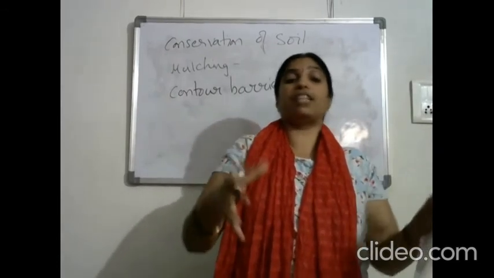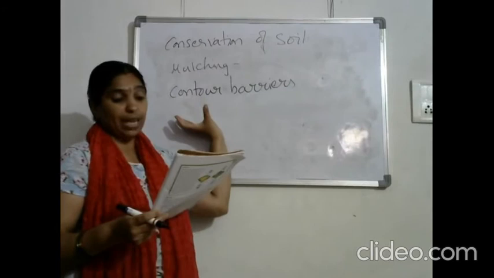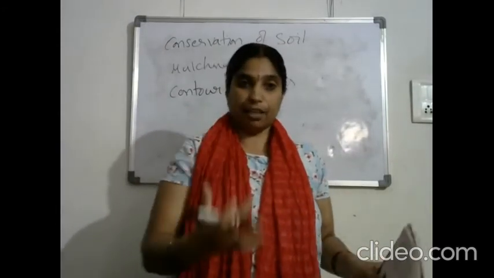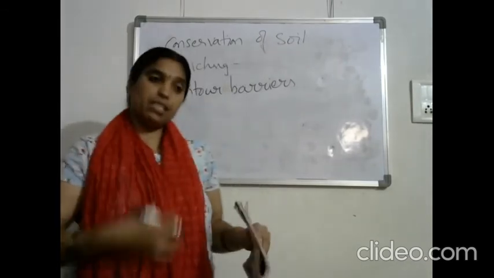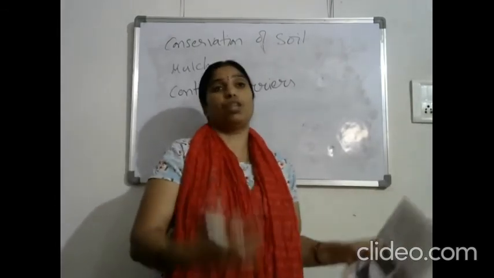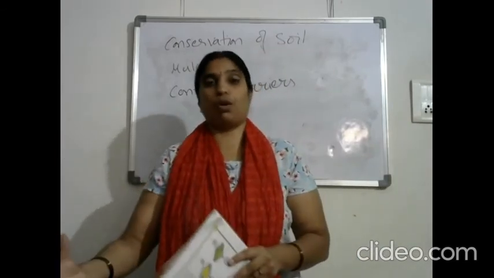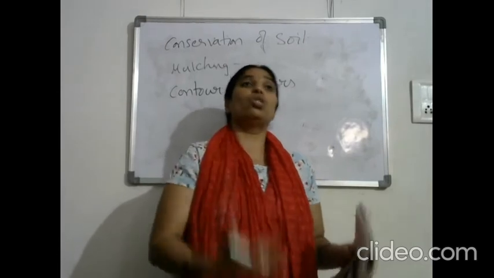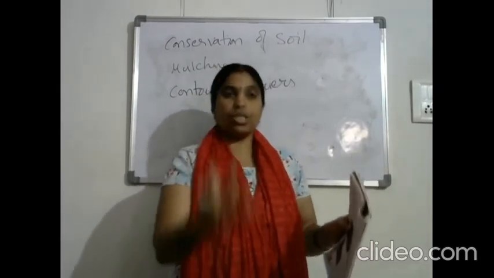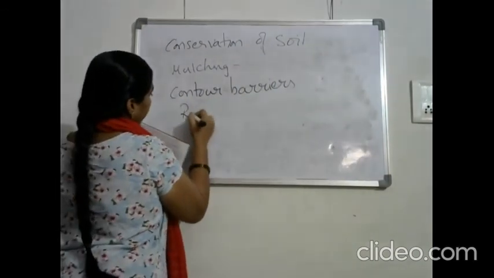When these contour barriers are built, what will happen? It will collect the water, and when the water is not sufficient for the crops, it will give this water to the crops, and it will also give the soil moisture and fertility.